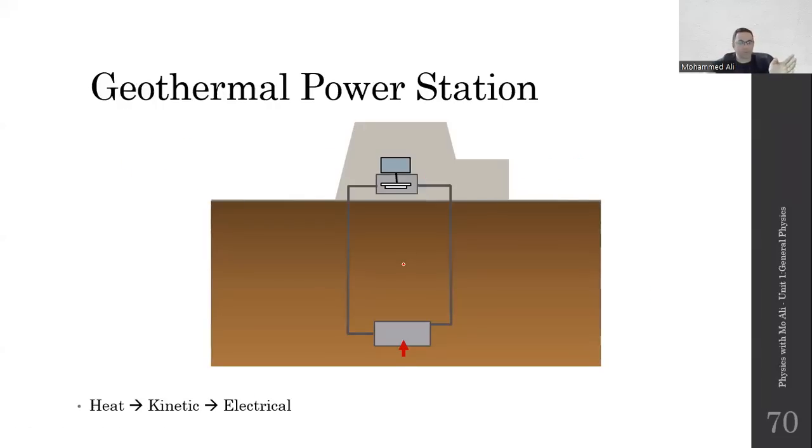Geothermal is a very important one. It's just like the coal and nuclear power stations in terms of how they function. But we have the boiler underground, and sometimes you don't put the boiler itself. We just have pipes underground. We drop cold water down into the hot rocks that are underground.